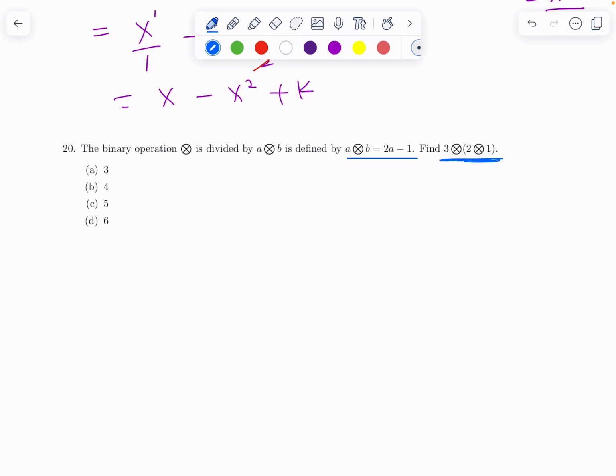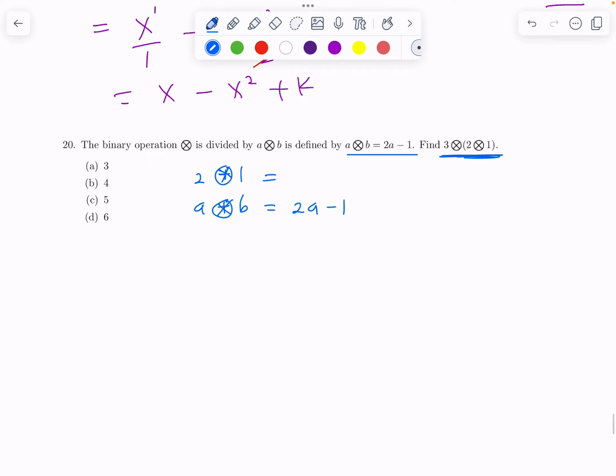So if you want to find 3 operates into bracket 2 operates 1, what we want to do first, remember the rule of BODMAS or PEMDAS, is deal with what is inside the bracket first, right? So deal with the 2 operates 1 first. So I'm going to write a operates b, what is given is 2a minus 1.